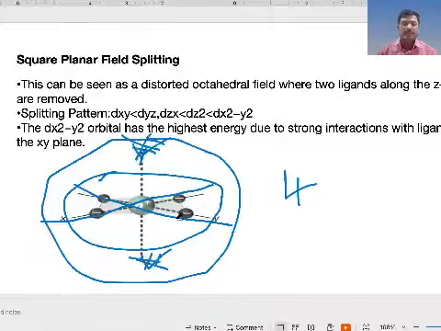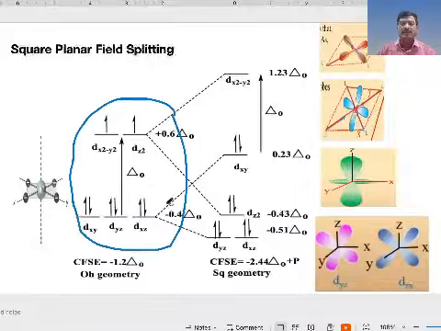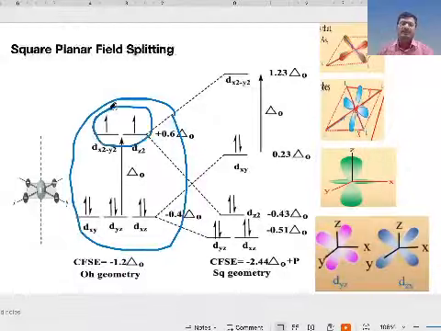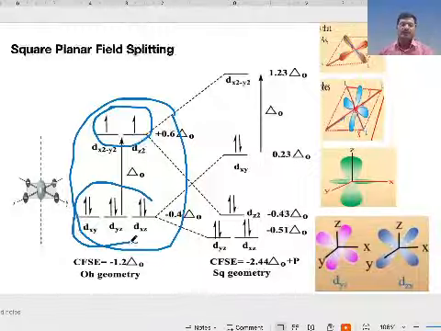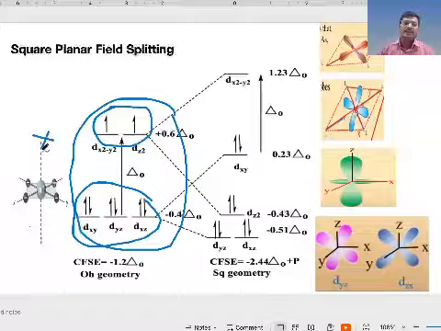When you come to the square planar splitting, it is easy to understand by using the octahedral splitting. We already know the octahedral splitting: dx² - y², dz², t2g, dxy, dyz and dxz. In square planar splitting, there are no ligands on the z axis.